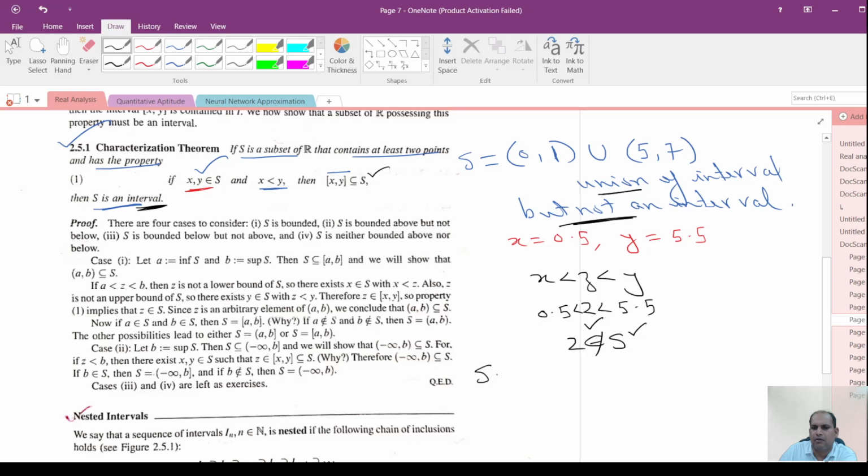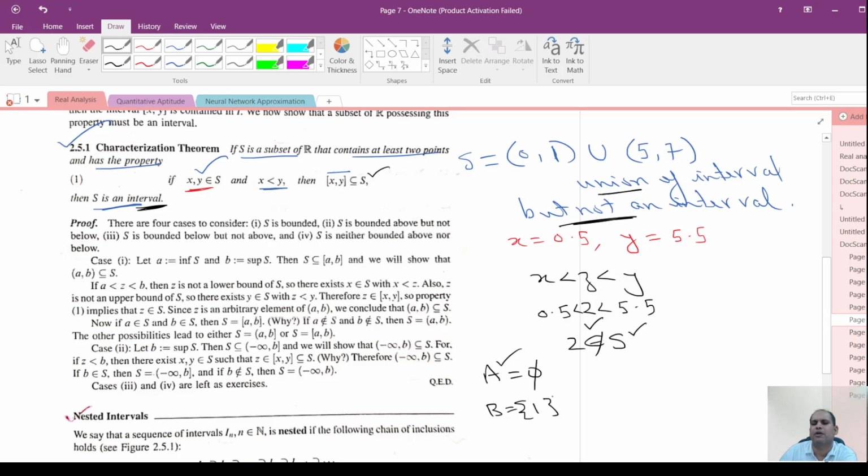Say A is equal to 5, this is called the singleton set, and the empty set is called the trivial interval. Say B is equal to a singleton, just for symbolic representation.